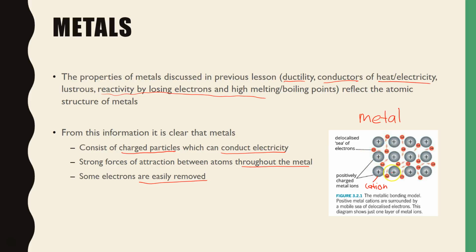So you have lots of different cations of the same element. For example, these could all be sodium atoms that have lost an electron. And the electrons they've lost are moving or swimming in a delocalized sea of electrons.